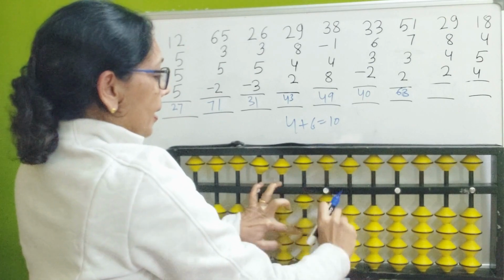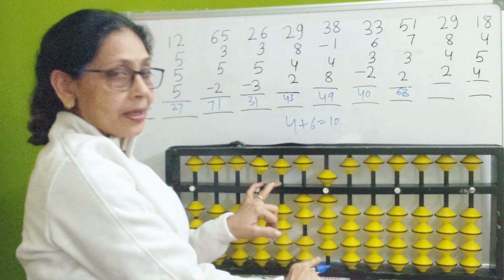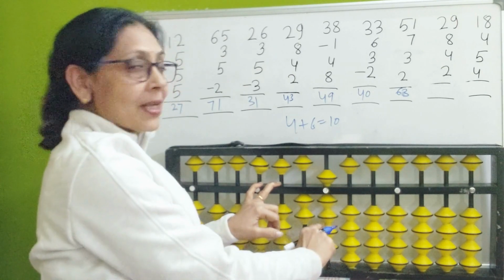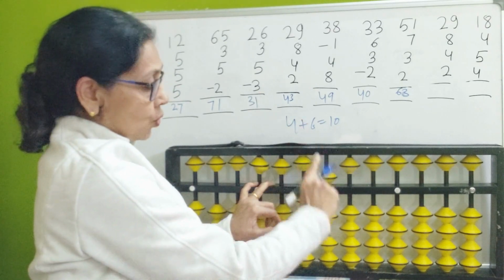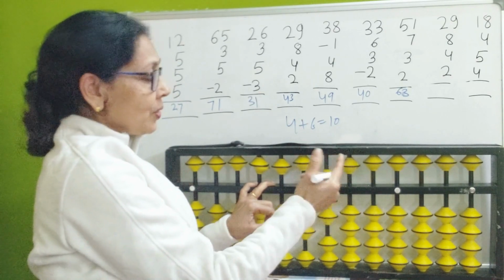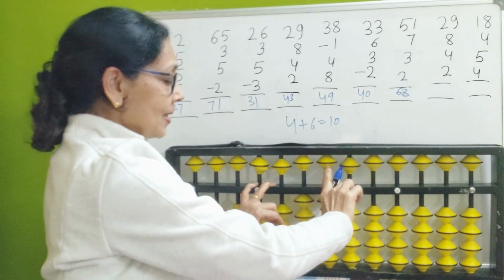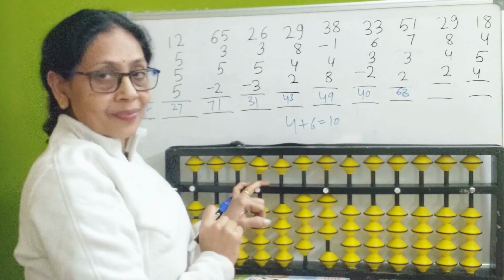Next number 29. Add 8. Don't have 8. Remember the friend. The friend of 8 is 2. So less 2, add 10. Add 4. Don't have 4. Remember the friend. Only remember the friend. So add 4 means less 6, add 10. Add 2. Okay.